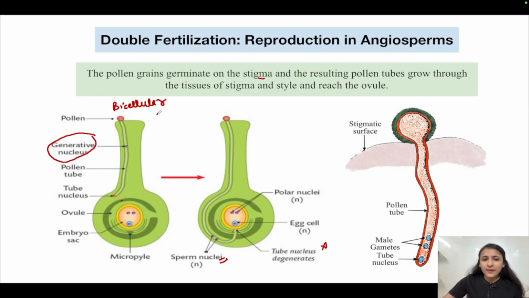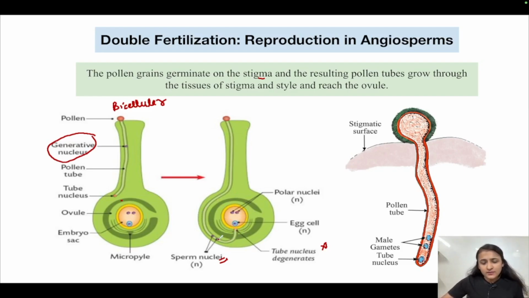See, ultimately the bicellular pollen has reached the tricellular state here. Ultimately it has divided into two male gametes, and this will happen in all kinds of pollen grains, be it bicellular pollen or tricellular pollen, which already has the two male gametes. But in a bicellular pollen, this division, this mitosis 2, will happen later on, at the stage when the pollen tube is about to reach the embryo sac.